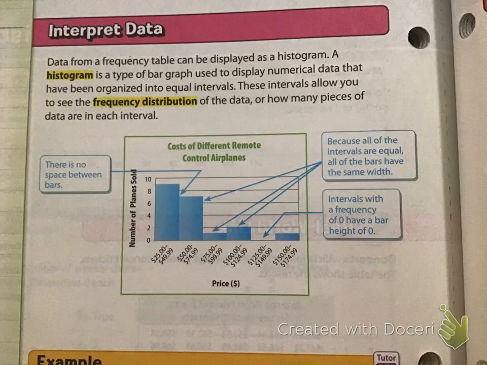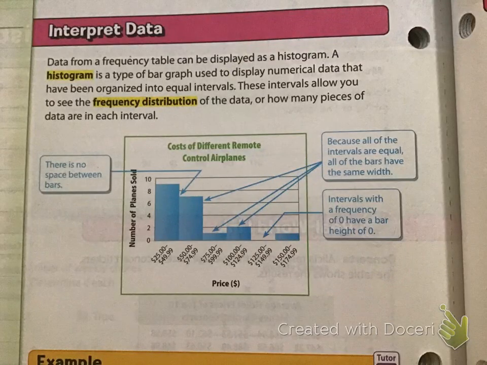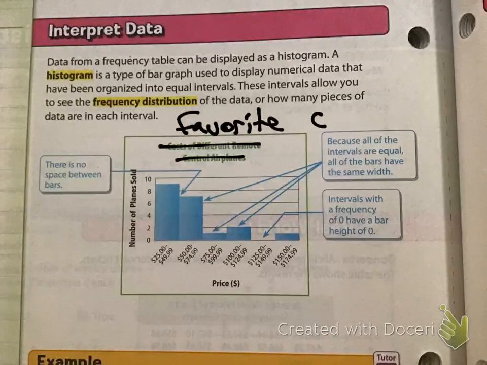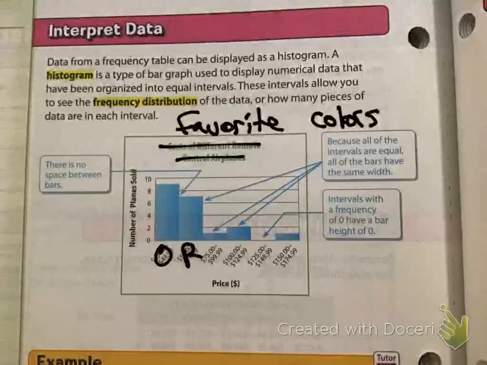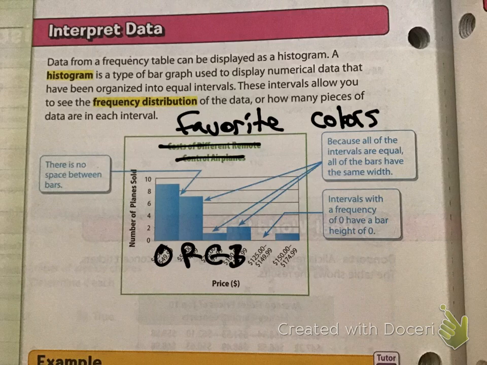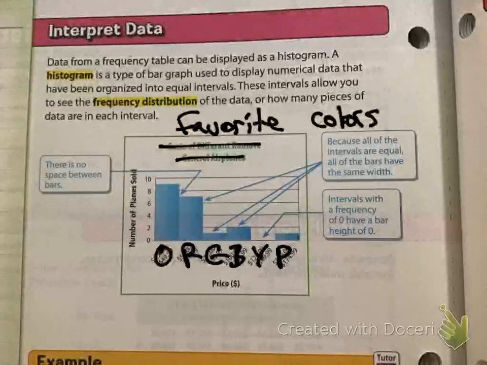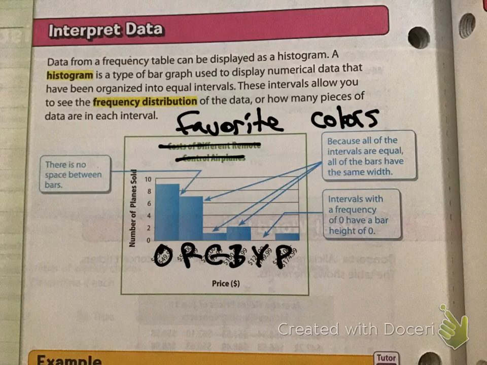So the difference between this and a bar graph is a bar graph might have something like favorite colors, right? And you'd have orange, red, green, blue, yellow, and purple. But that's not a histogram.